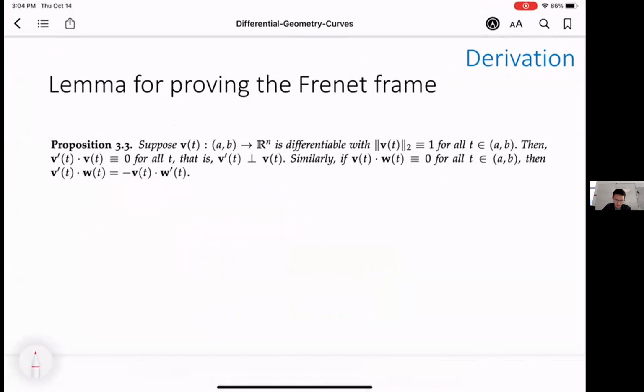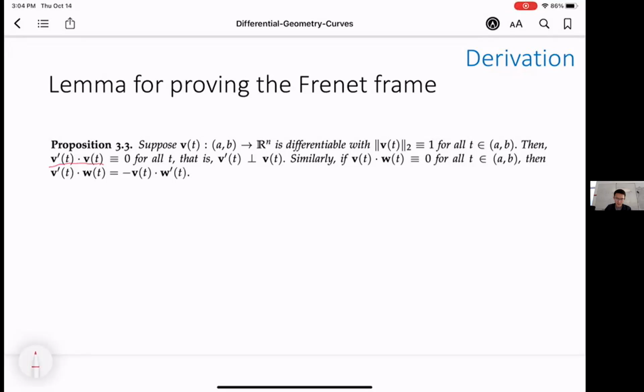The first one is saying that if we have this vector V(t), which is differentiable with unit length, then I can claim that if I take the dot product of its derivative with itself, then it becomes constantly zero.